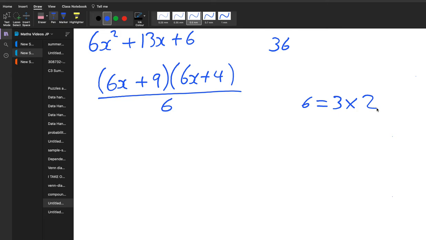So dividing the left by 3, we get 2x plus 3. And on the right, dividing by 2, we get 3x plus 2. I absolutely love this method of factorizing. It's mad.